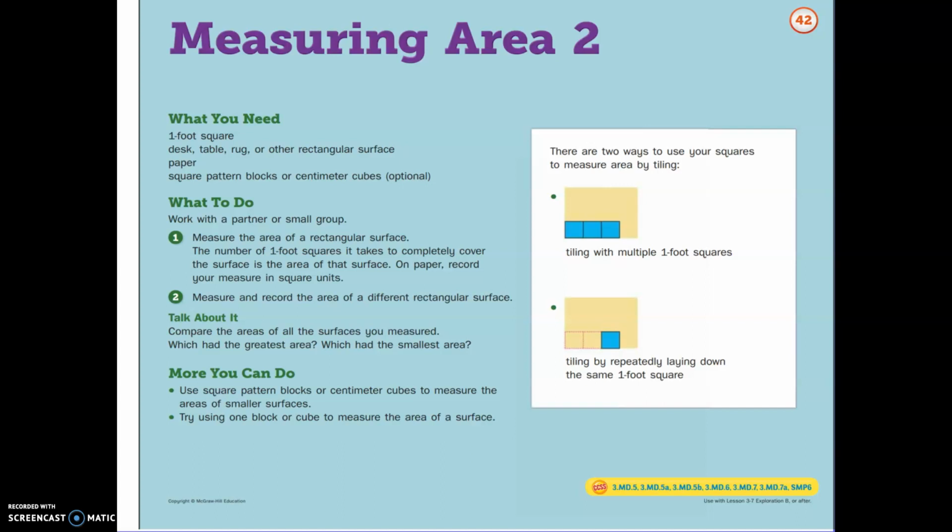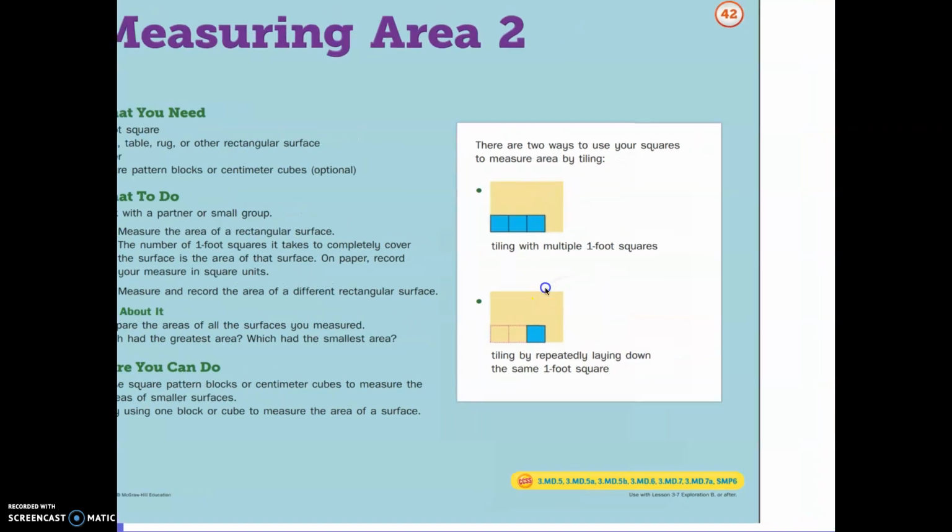And if you look at the picture here, it says there are 2 ways to use your squares to measure area. You could have more than 1 square foot piece of newspaper and lay it one beside the other. Or what I would do, because I don't think I'd have more than 1, since I don't have that much newspaper, I would do it this way.